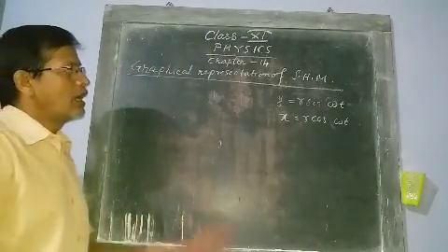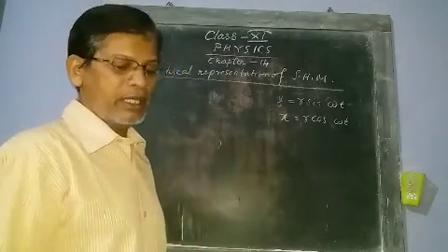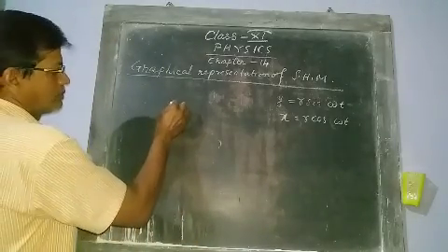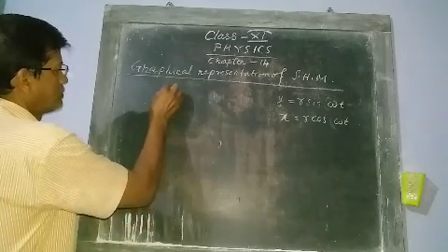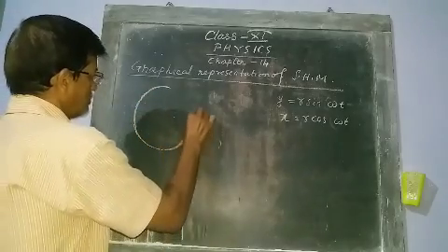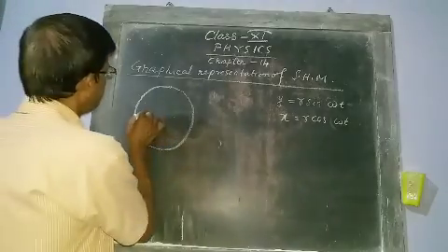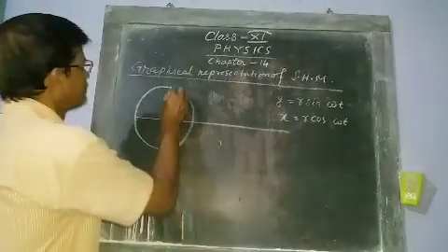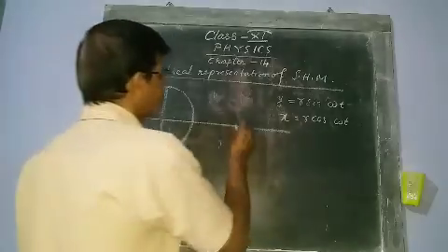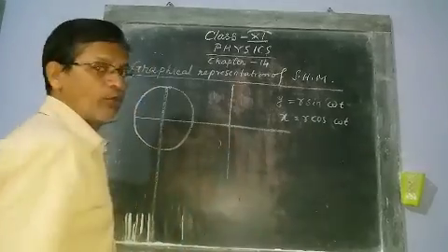Now, how can this be represented graphically? You see, suppose this is circular motion. You follow properly.